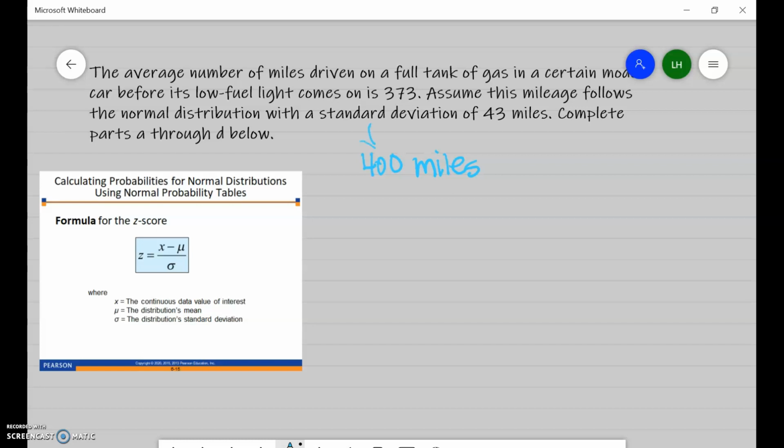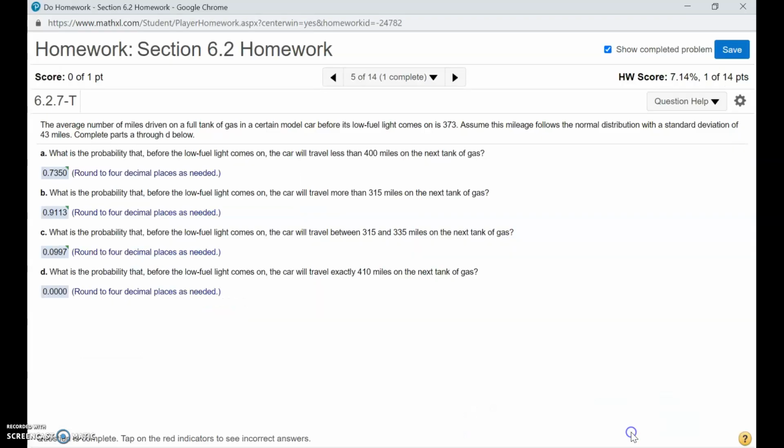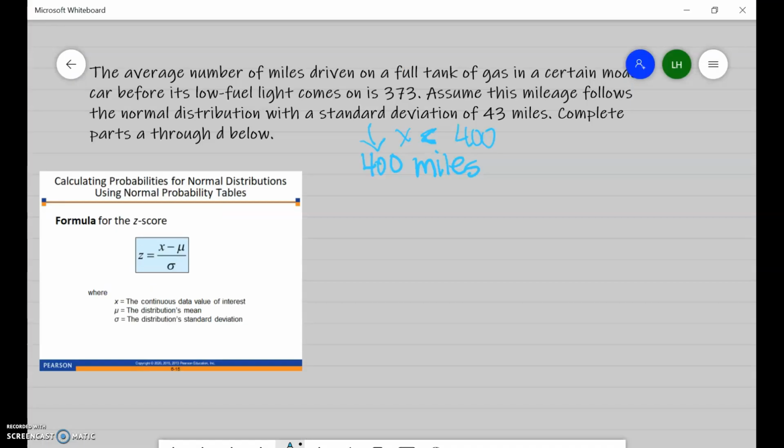So this is X. And we want to know the probability that X is less than 400. We do not have a z-score yet, so we have to convert this to a z-score, and I have the formula to the left.